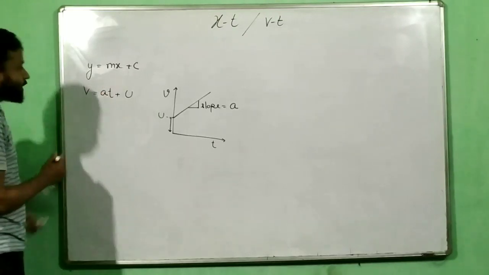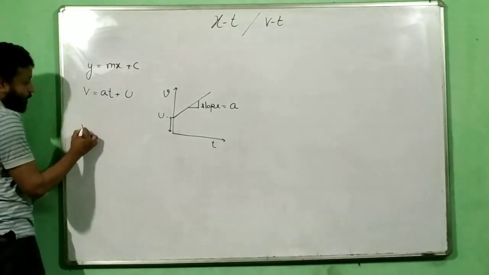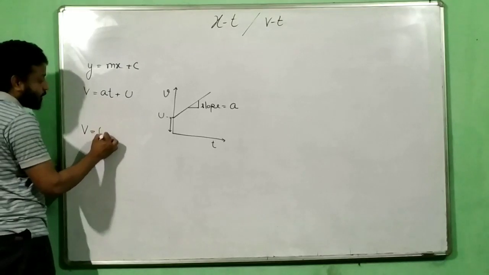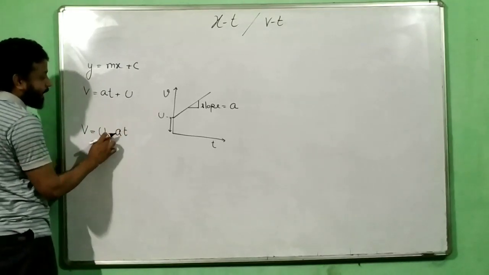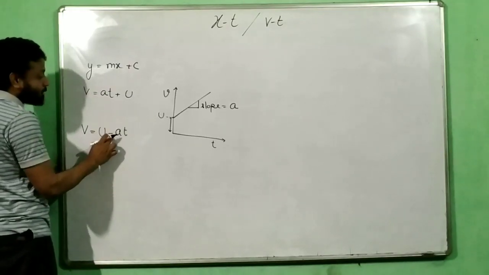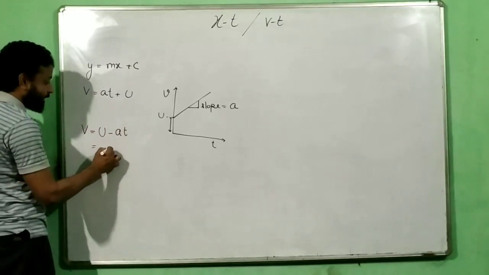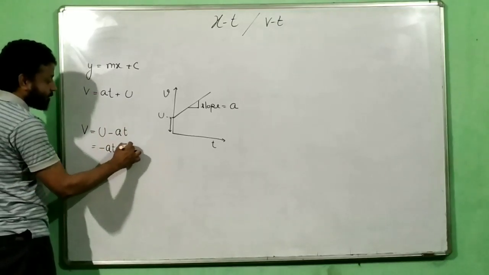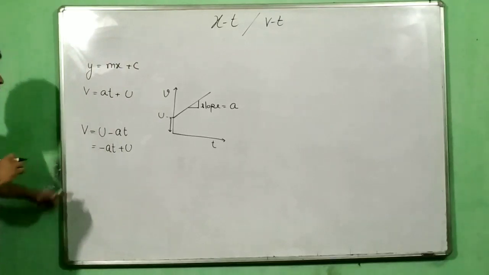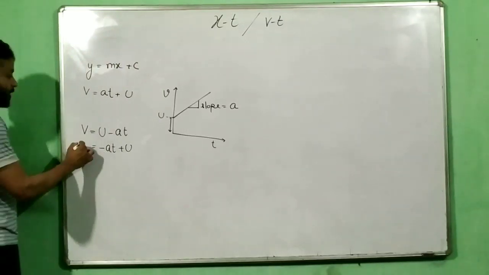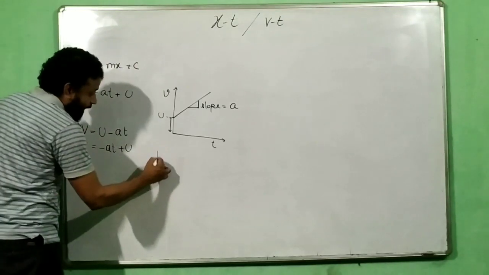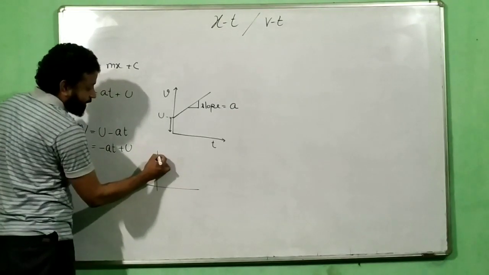Now let's slightly change this. Say that you have a formula which says v equal to u minus at, or I can write it like this, minus at plus u. That means the initial velocity is positive, but it is undergoing retardation, and this is my velocity v. So it is starting from an initial velocity.